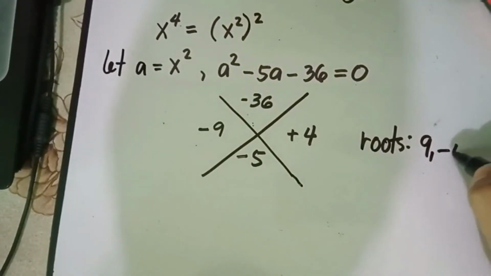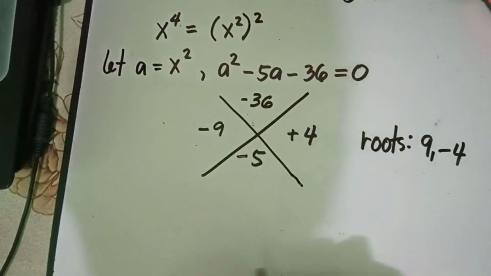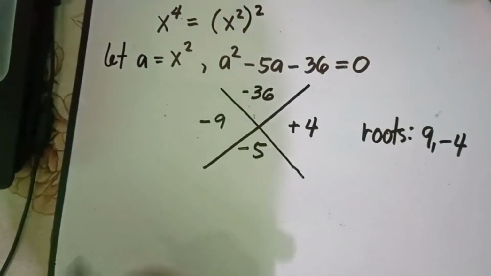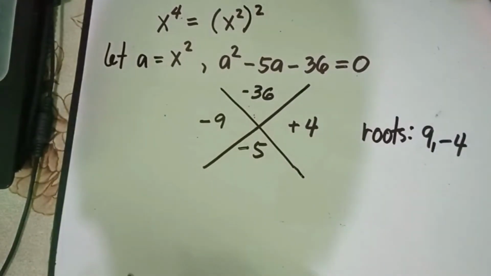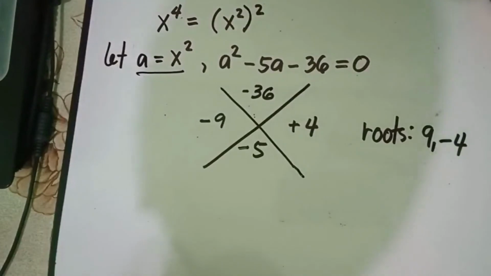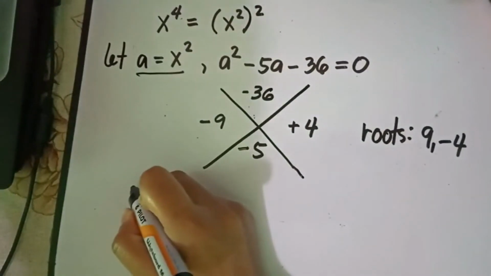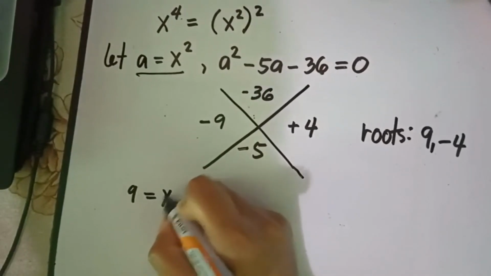We have negative 4. Okay? So, therefore, solve for x. Yun na yung susunod na step natin. Since our a is 9 and negative 4, we replace a by x squared. Diba? Balik tayo dito. A is equal to x squared. So, we have 9 is equal to x squared.